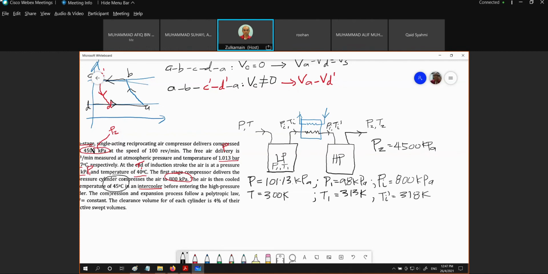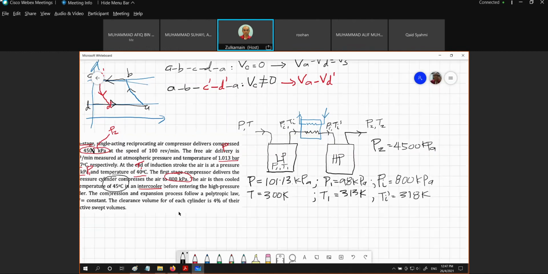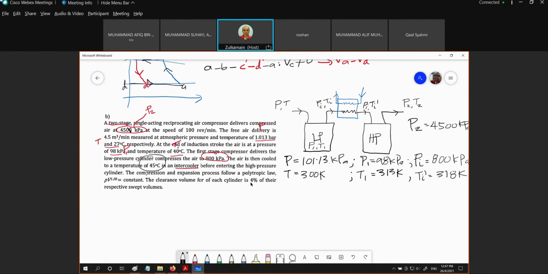Okay, what else do we have? The free air delivery is 4.5. So the free air delivery should be at P and T. So this is our free air delivery, which is equal to the V dot, equal to 4.5 meter cube per minute. This is done.